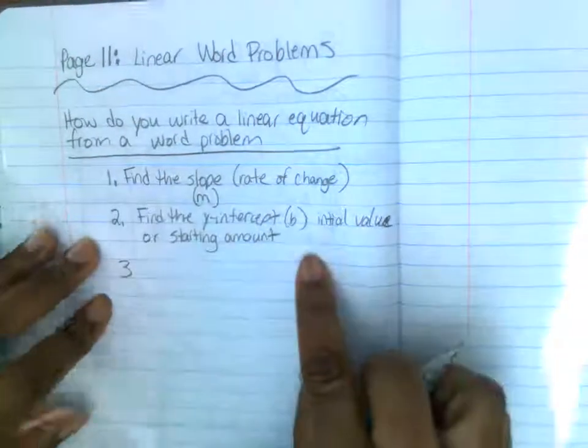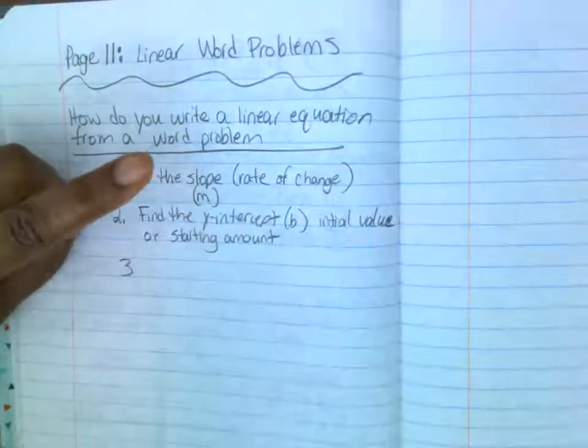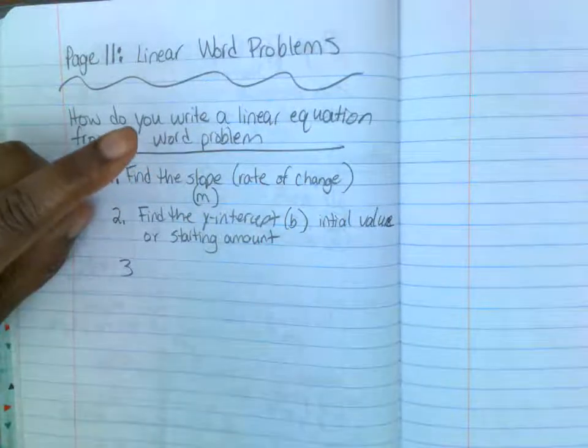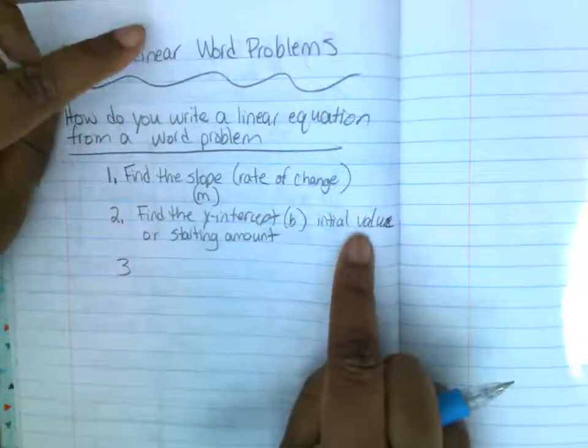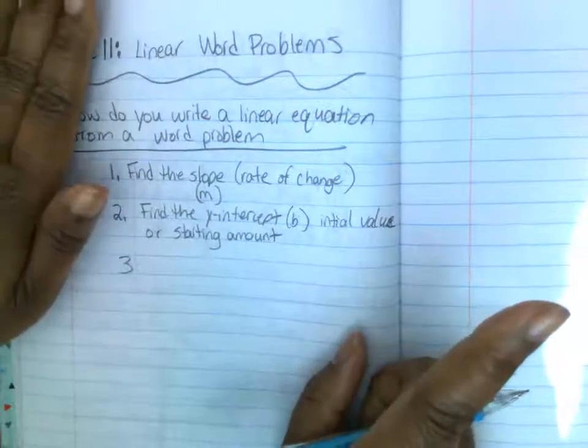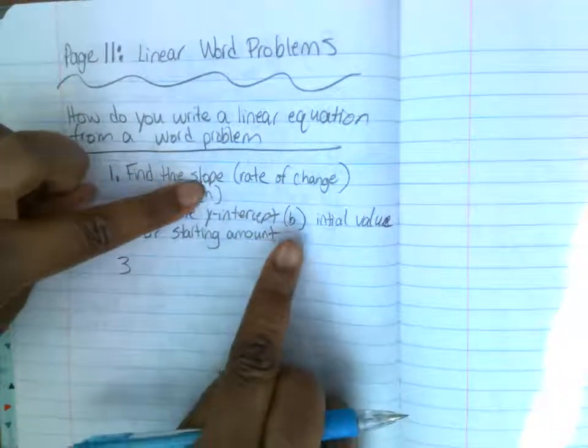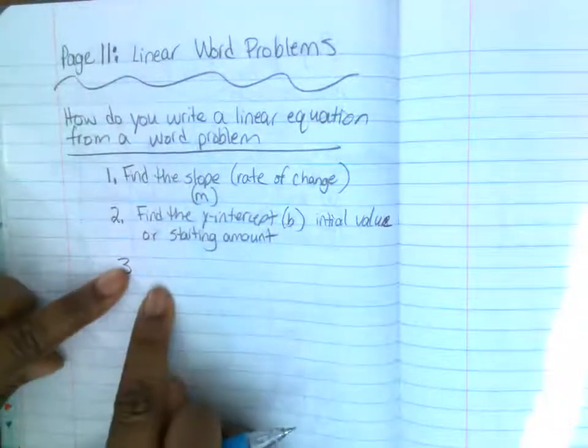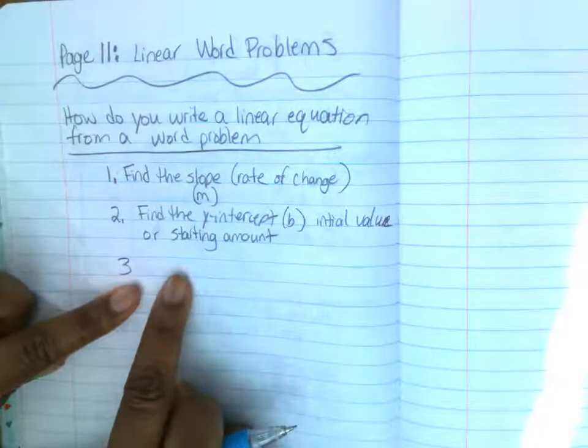Lastly, I'm going to do the same thing I did in my other problems with writing linear equations in slope-intercept form. I take m and b and plug it into, or substitute it into, the slope-intercept form.